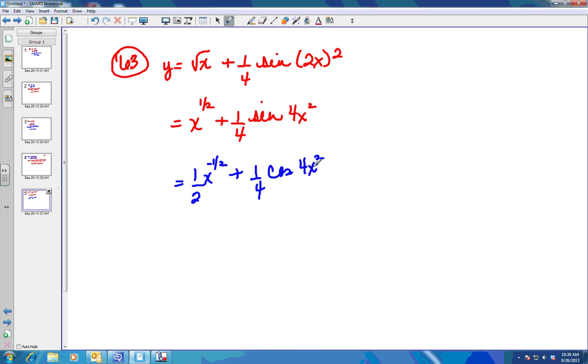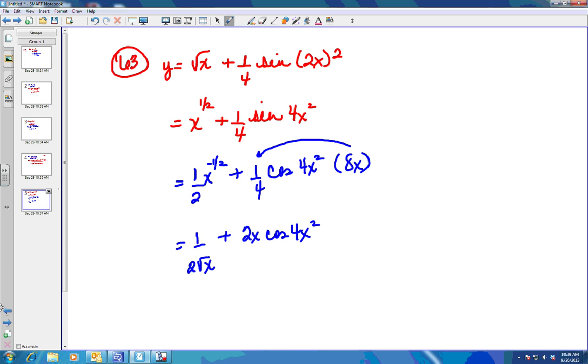Times the derivative of this inside, which would be 8x. Then this can be simplified to get rid of our negative exponents. Plus, if I bring my 8x out in front with my 1/4, 1/4 times 8x is 2x cosine 4x squared. That's your final answer.